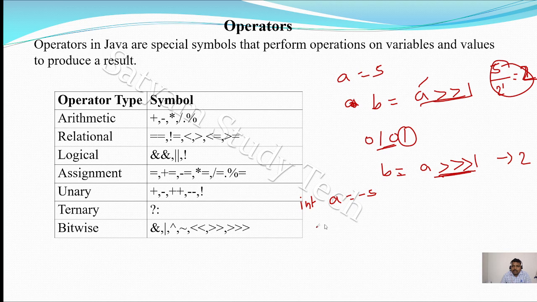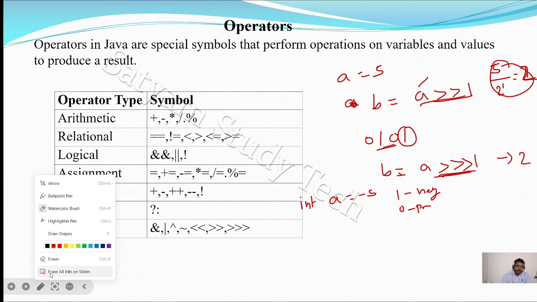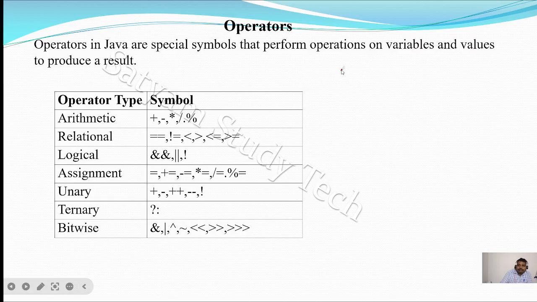The sign bit indicates 1 for a negative value, 0 for a positive value. Already you know, 1 indicates a negative value, 0 indicates a positive value. Now you can see the value, a = -5. So just you have to apply it.